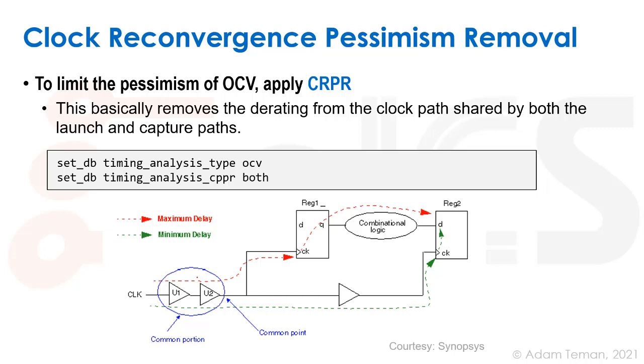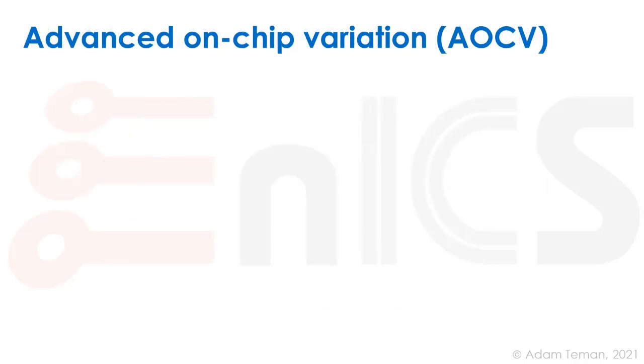So that is over pessimistic. So you really should go and remove this pessimism, and the tools will actually look for these common points and just remove the derating that we added there. And in our Cadence tool, we do this by setDB timing analysis CPPR both, and that will remove both for hold and setup this clock reconvergence pessimism.